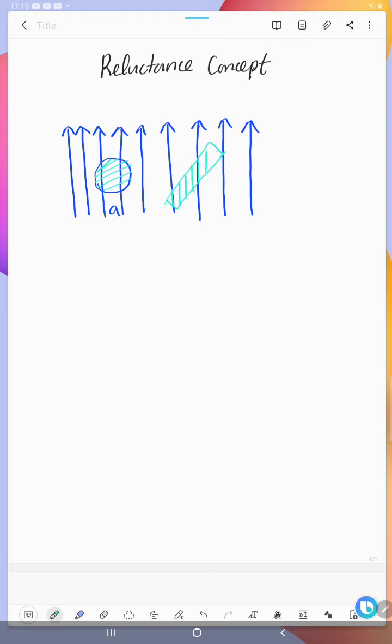For this material, the magnetic conductivity is different in different directions. Based on the direction of magnetic conductivity, this object has two axes. One is the D axis, this D axis. The other axis is 90 degrees away from the D axis, that is the Q axis.